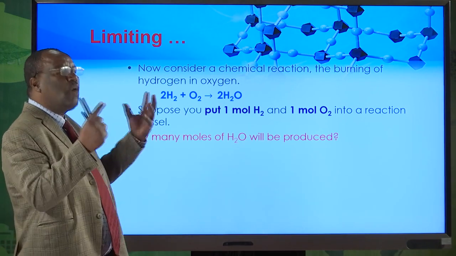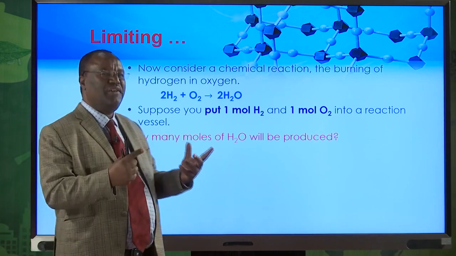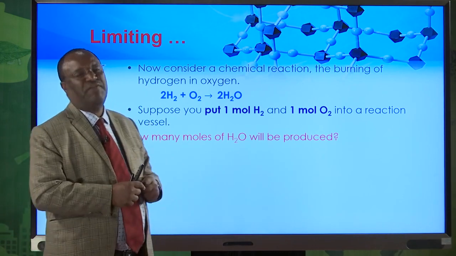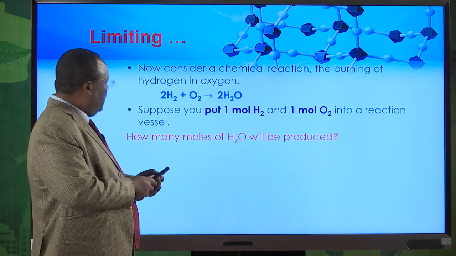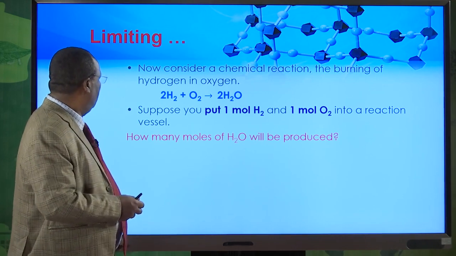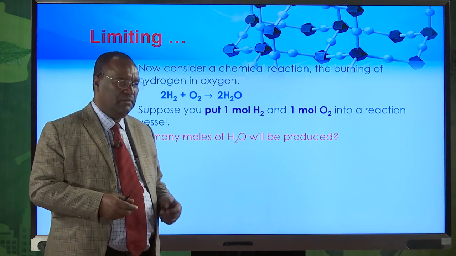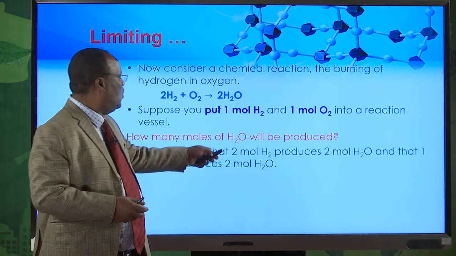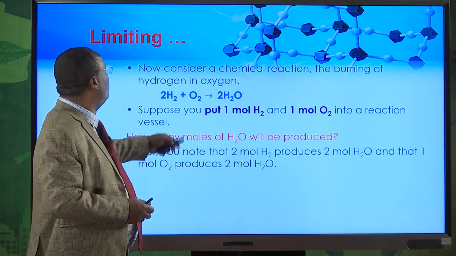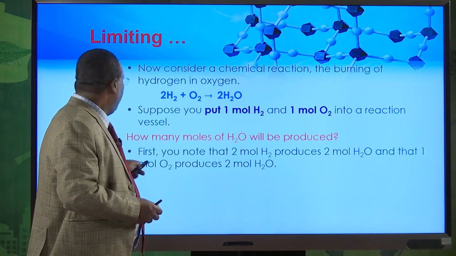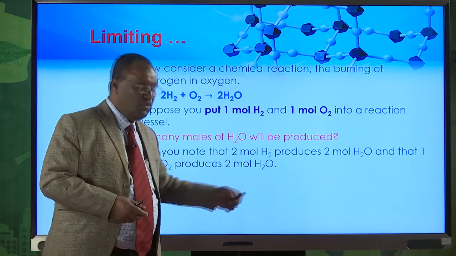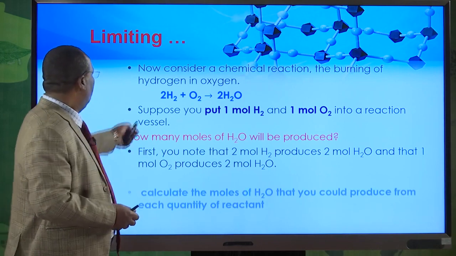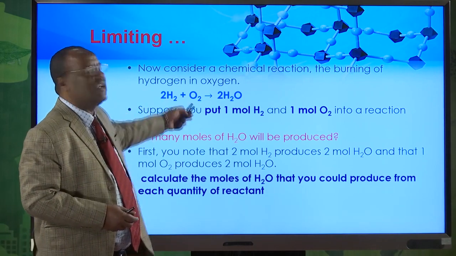If you have 1 mole of oxygen and 1 mole of hydrogen in the same reaction vessel, you have to calculate. First, you know that 2 moles of hydrogen produce 2 moles of water, and 1 mole of oxygen produces 2 moles of water, from the given balanced chemical equation.